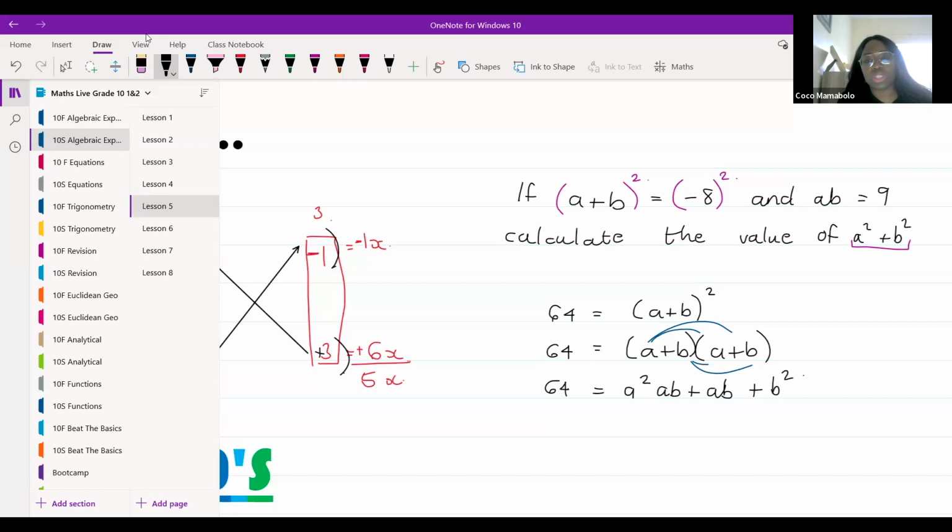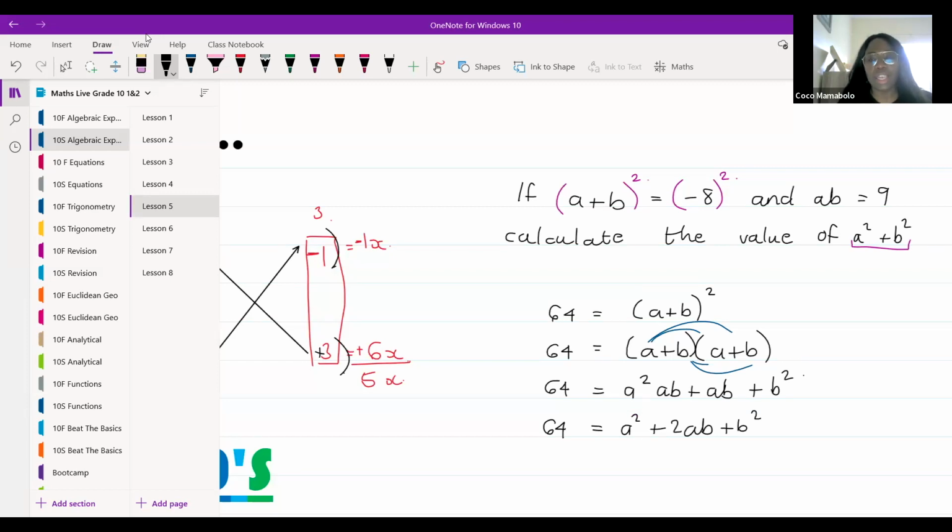All right, we're still going, guys. We're going to get 64 is equal to a squared plus 2ab plus b squared. Give me a thumbs up. Is everyone with me still? Are we seeing where ma'am is going? Good, that's it. Abu, well done.